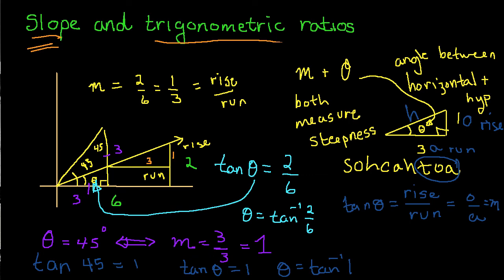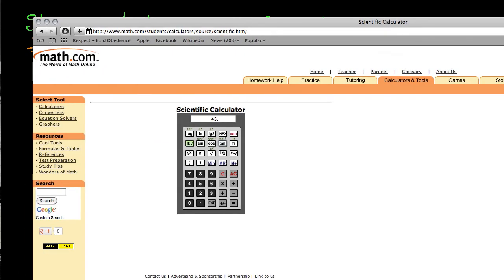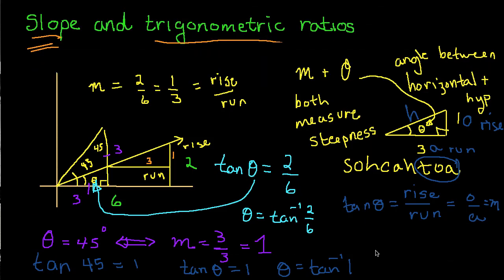So bring our calculator up and go 2 divided by 6, 0.3 repeating. We're going to take the inverse tan, 18.4 degrees. So this is equal to 18.4 degrees, which is actually roughly like what it looks like. Okay, it's certainly a little bit less than half of 45. So 18.4 degrees.